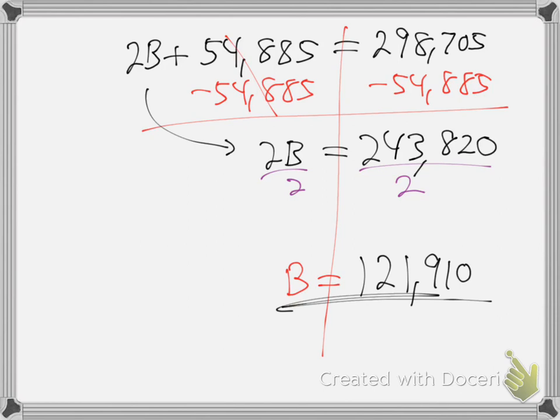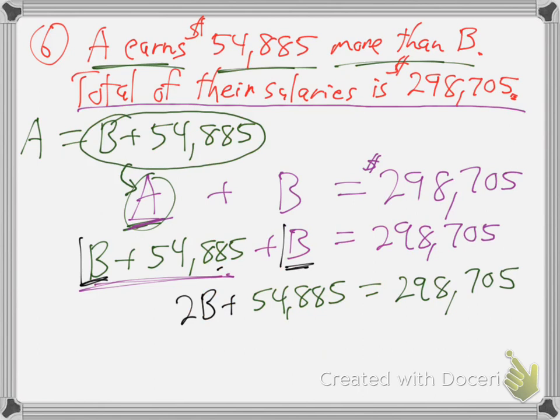Did y'all get that? Now, how do we get A's salary? Add 54,885, yeah, back over here. See what it says? A is B, add the 54,885.